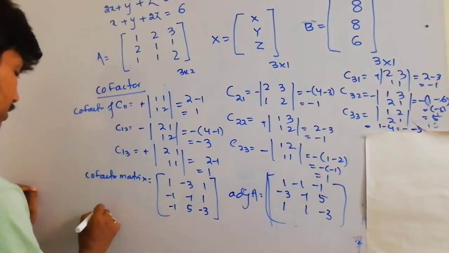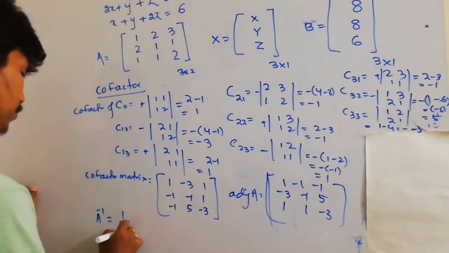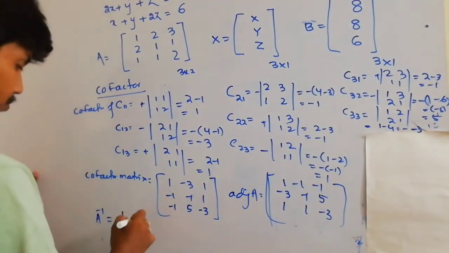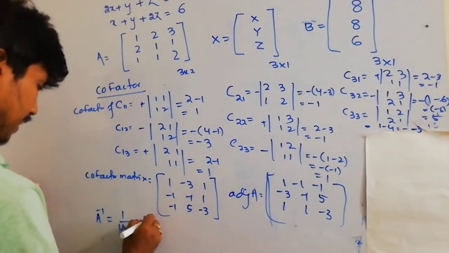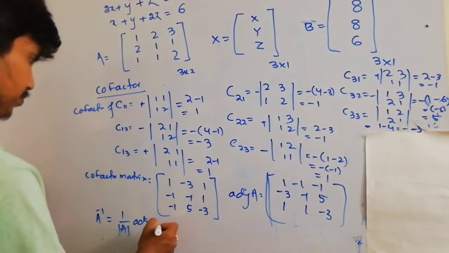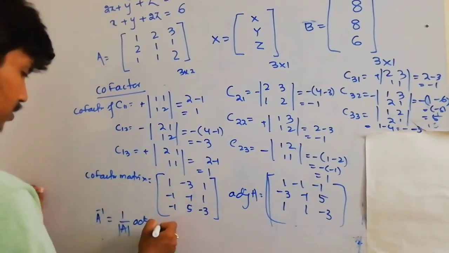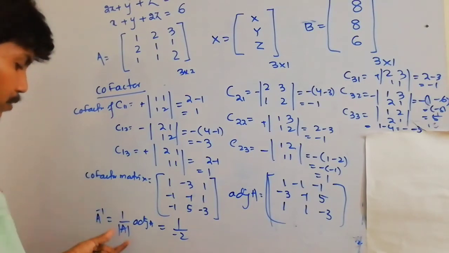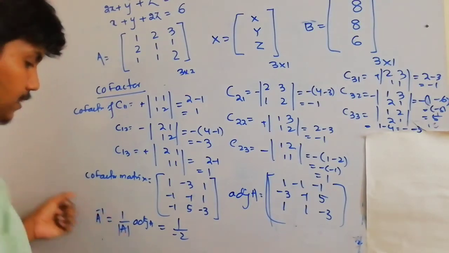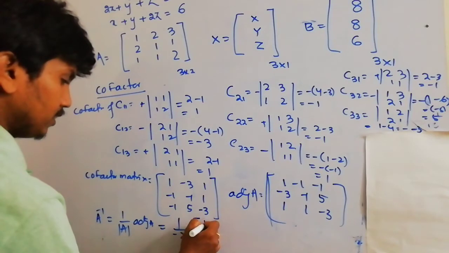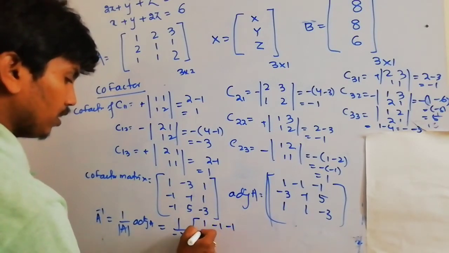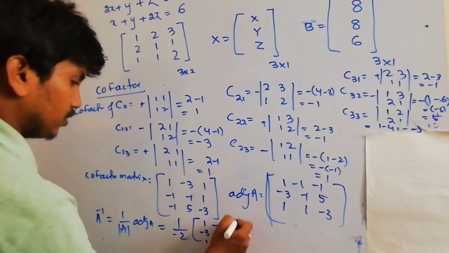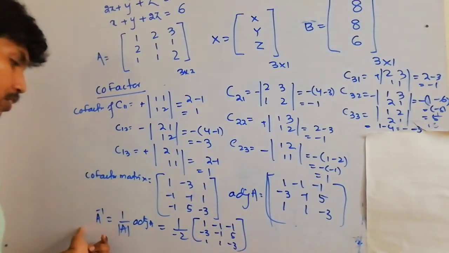Then A inverse is 1 by determinant value into adjoint A. In the previous step we found the determinant value of A is minus 2, so 1 by this is minus 2 times 1 minus 1 minus 1, minus 3 minus 1 5, 1 1 minus 3. This is the A inverse.